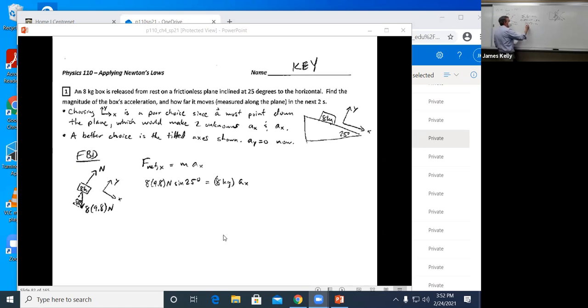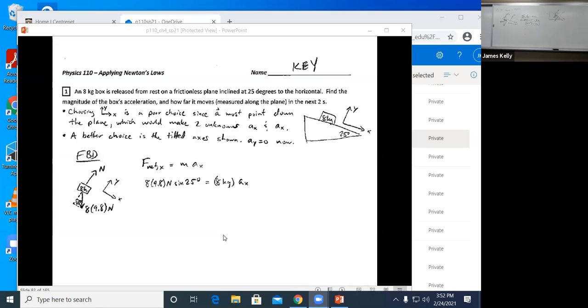Okay, the ax is an easy one-step thing here. Once I get rid of the 0 there, I can cancel out the 8 on both sides, divide both sides by 8, and I just have to calculate 9.8 cosine 65. That's going to make it a little bit less than 9.8, so 4.14 is what I get for ax.